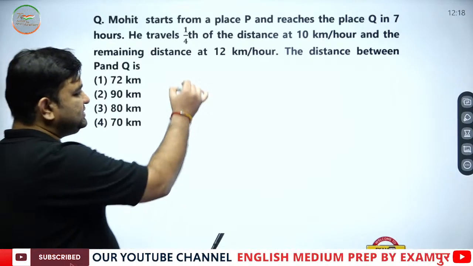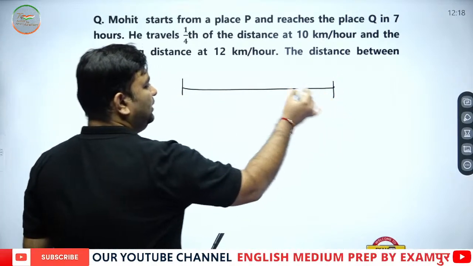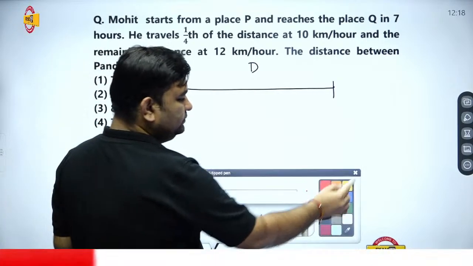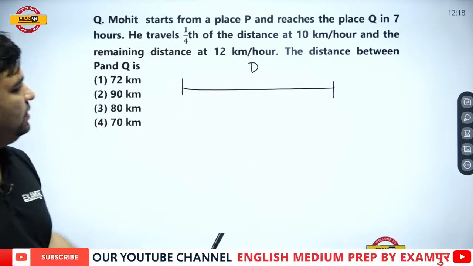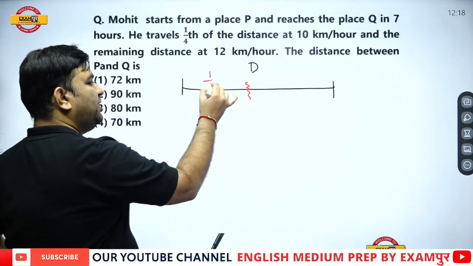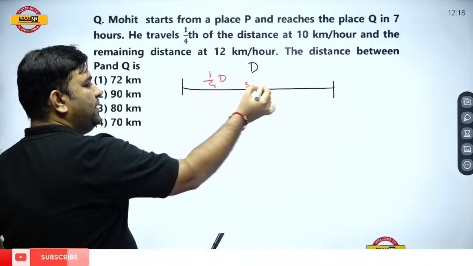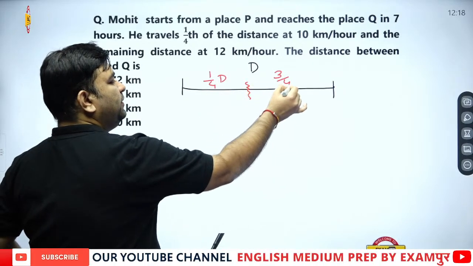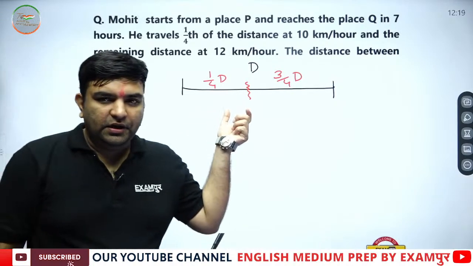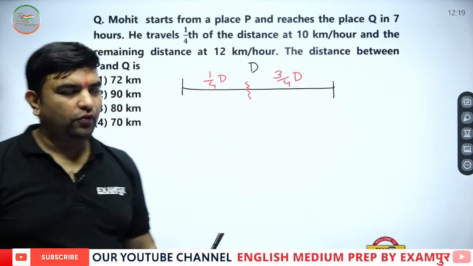So let the total distance be d. The first part is 1 by 4 d, and the remaining is 3 by 4 d.